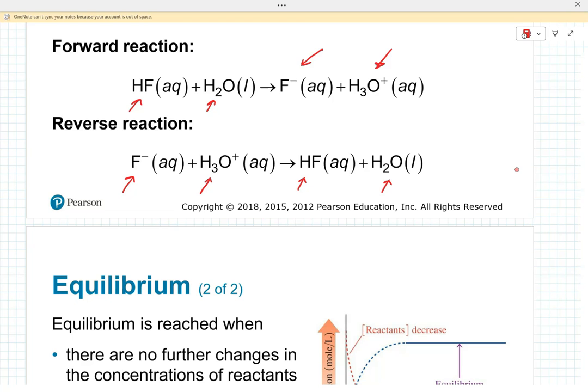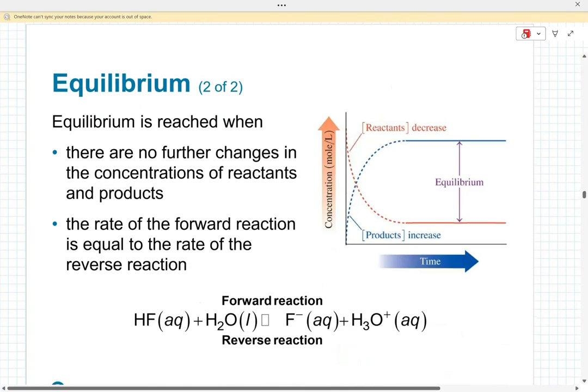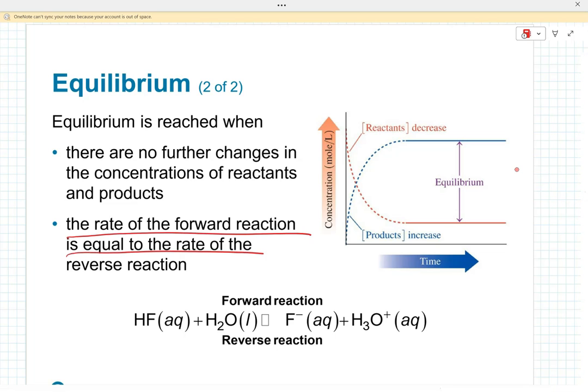When the rates of the forward and reverse reactions are equal, this is the equilibrium. Does it make sense? That means the concentrations of products and reactants do not change.